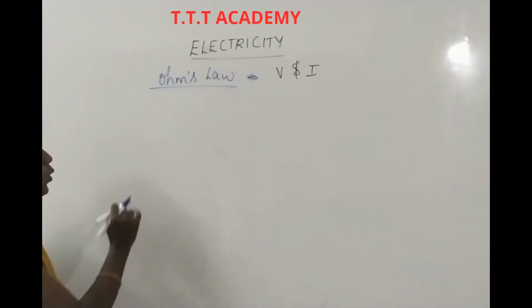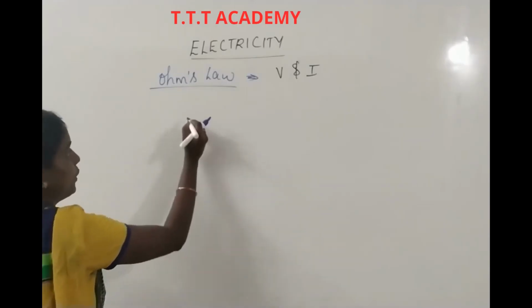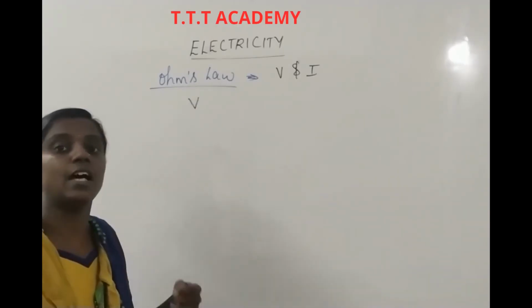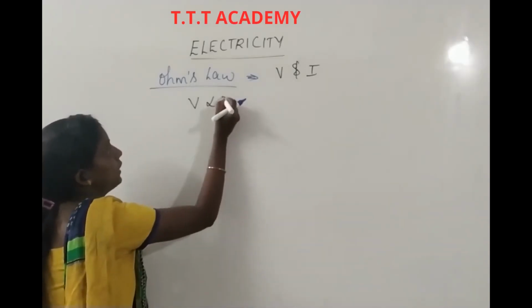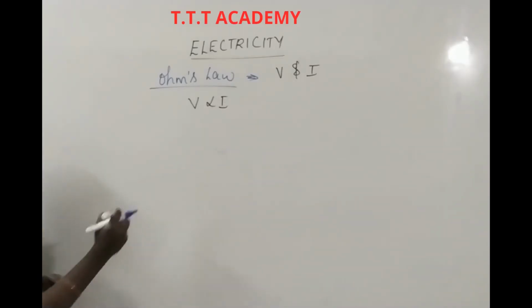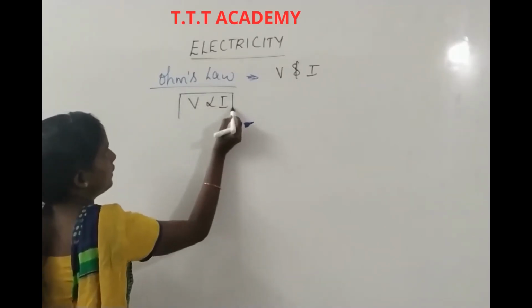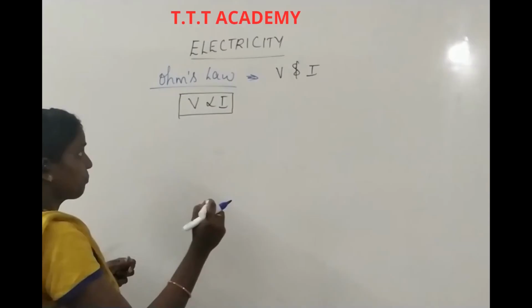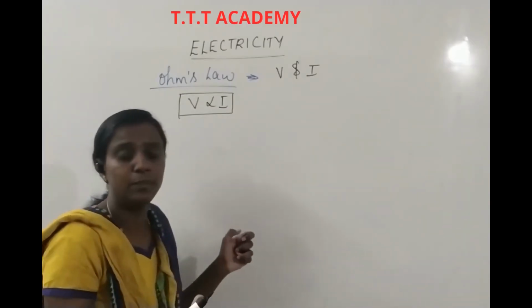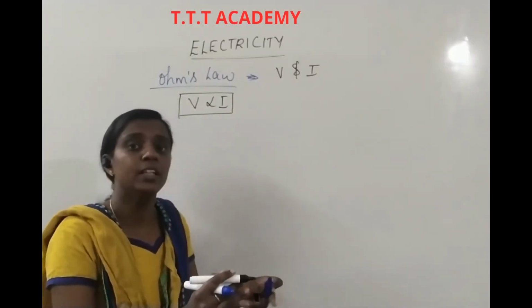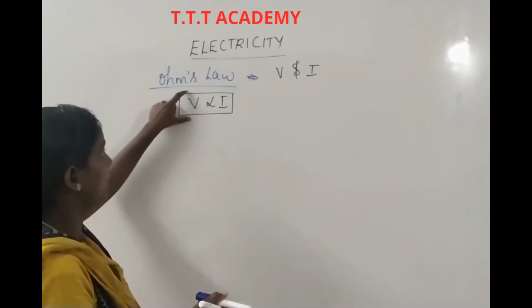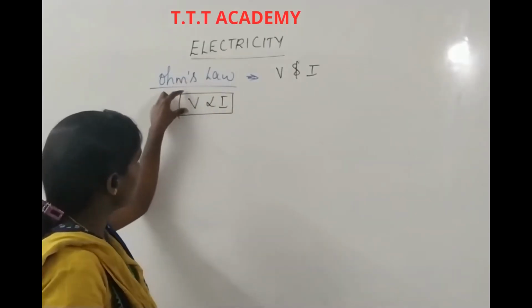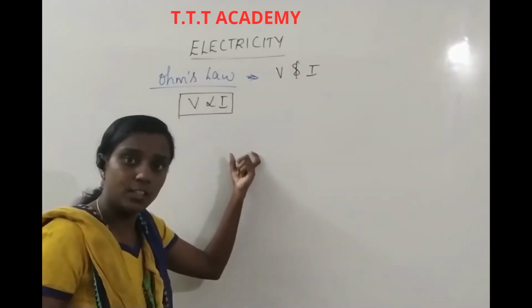Ohm's law says that the potential difference created in the battery is directly proportional to electric current. Directly proportional means that if one quantity increases, the other increases, and if one decreases, the other decreases.